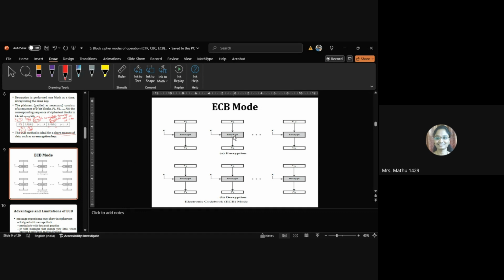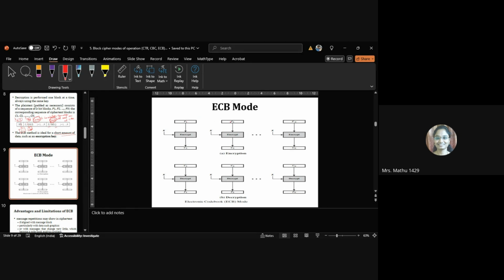So you can see the ECB mode here. The given plain text is divided into blocks of some B-bit size: P1, P2, and so on up to Pn.